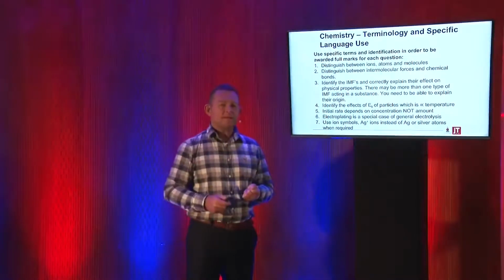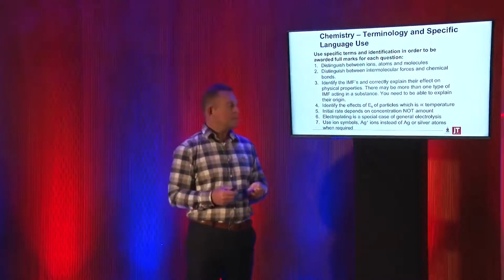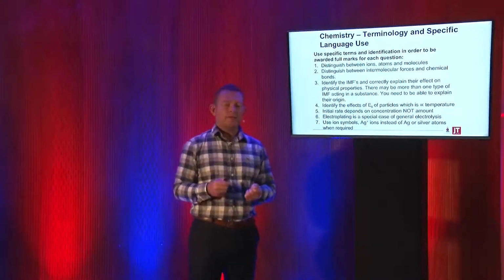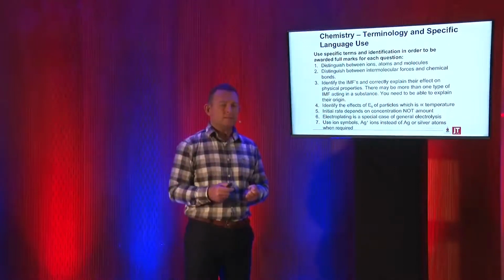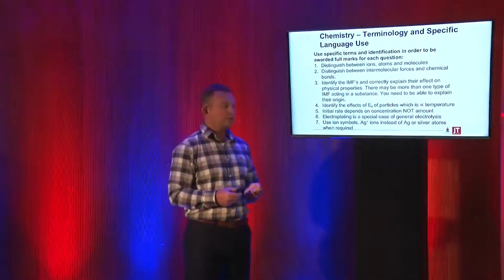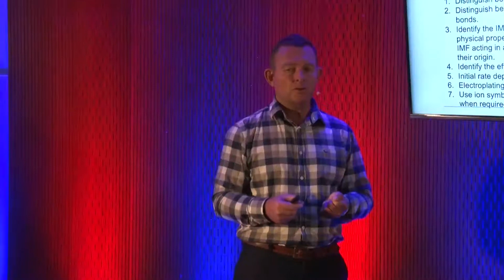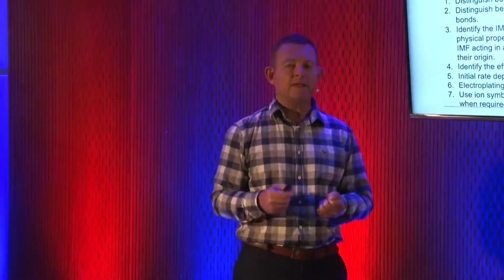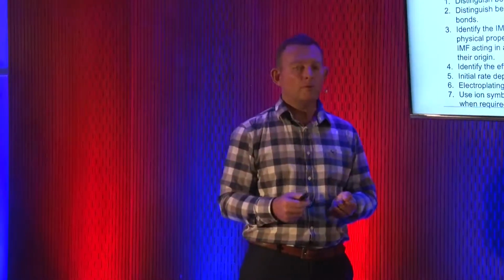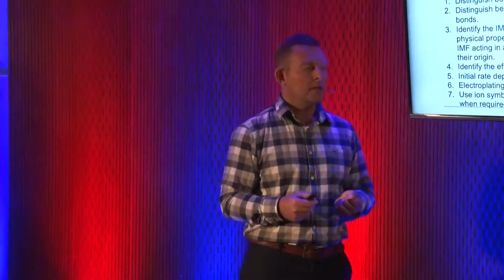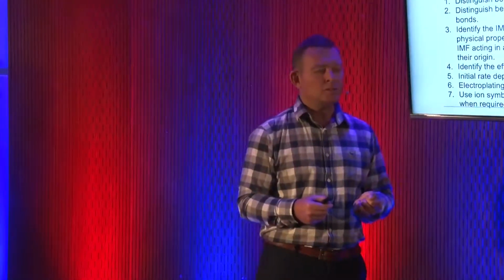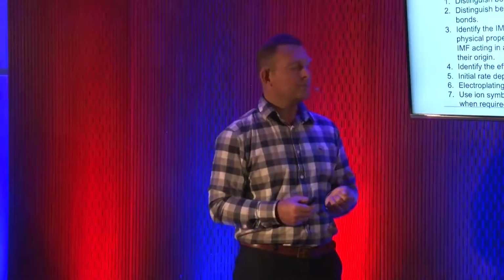A common mistake is not to separate the fact that electroplating is a special case of electrolysis. So the word electroplating and even electrowinning for purifying elements needs to be used when appropriate.